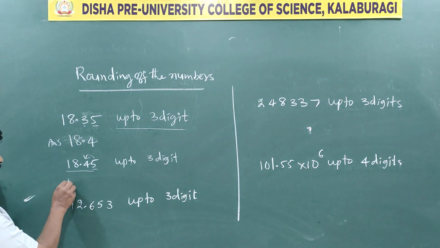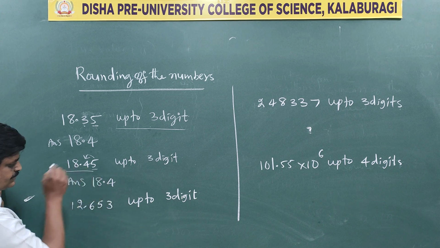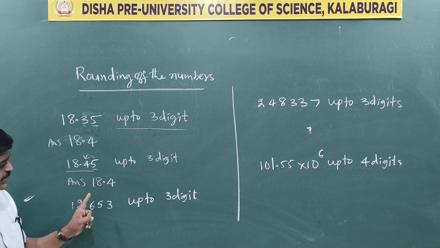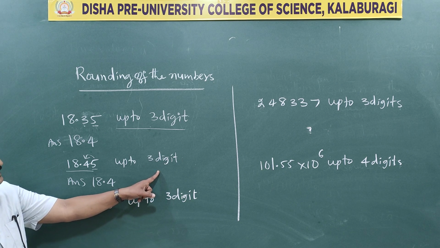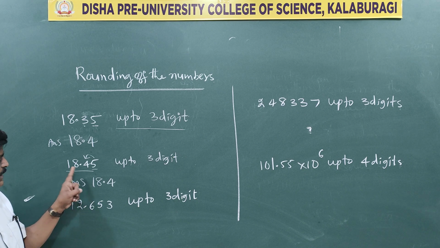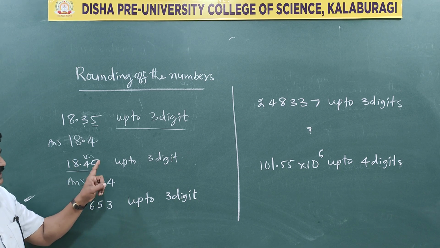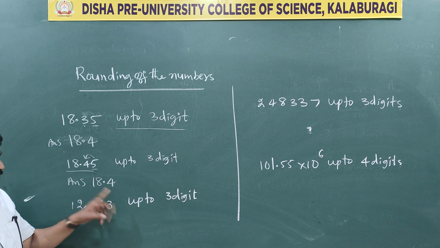Retain it. Therefore, the answer for this is 18.4. And check the number of digits 1, 2, 3, and that is how the task is completed. So this is 18.45. When it is rounded off to 3 digits, the value will be 18.4.